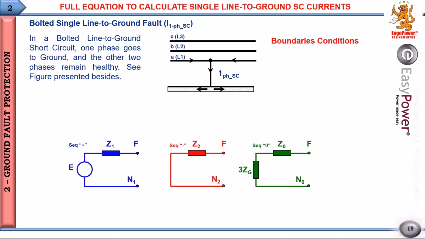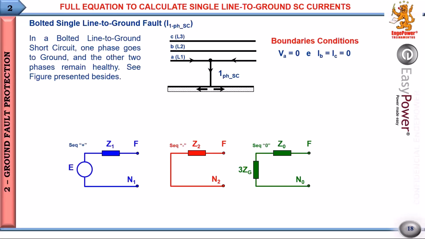To demonstrate this, we have to place here the boundary conditions. For a single line to ground fault, the voltage at phase A, that is the faulty phase, goes to zero potential.